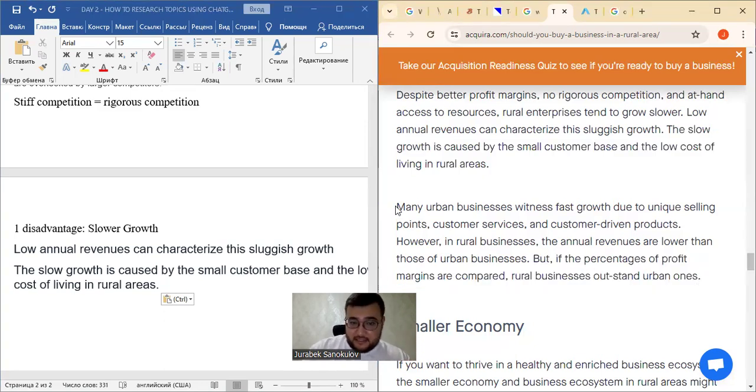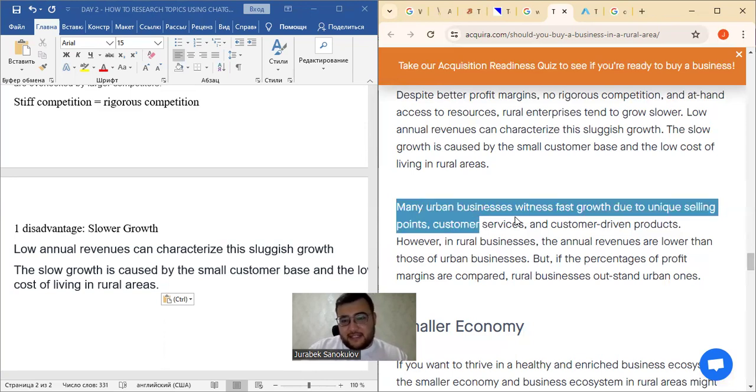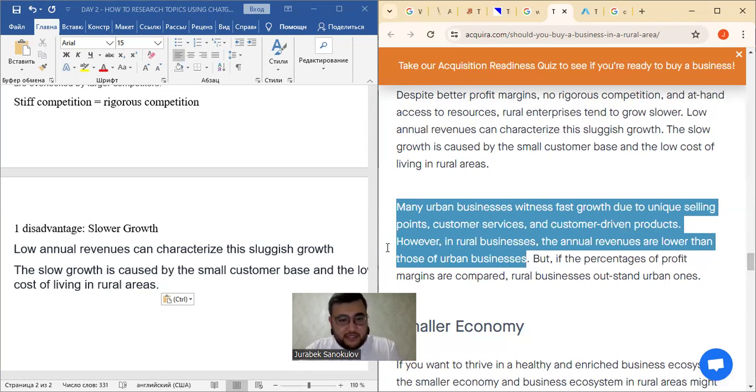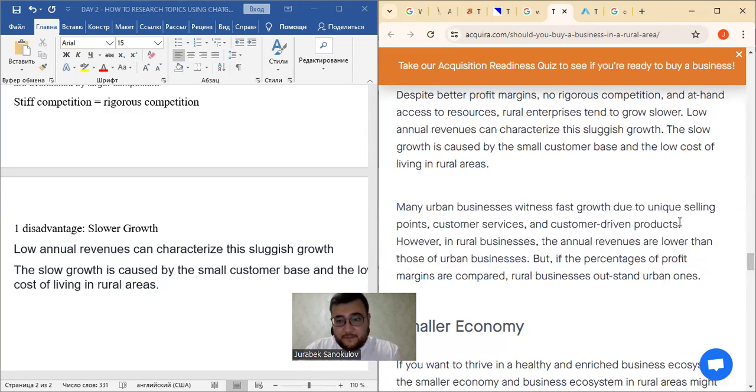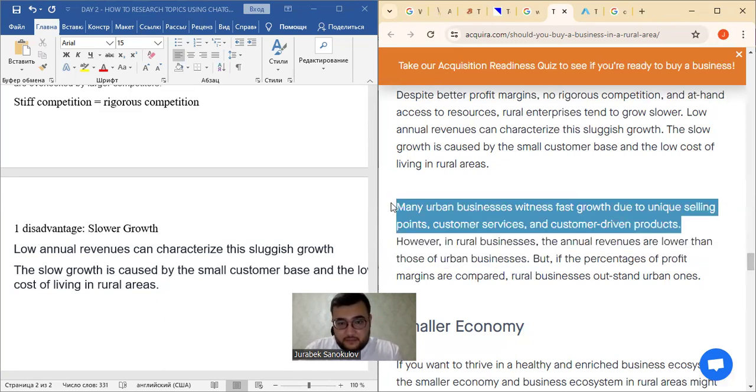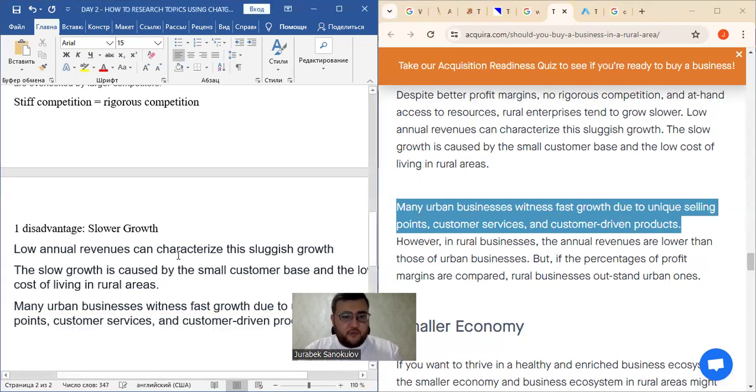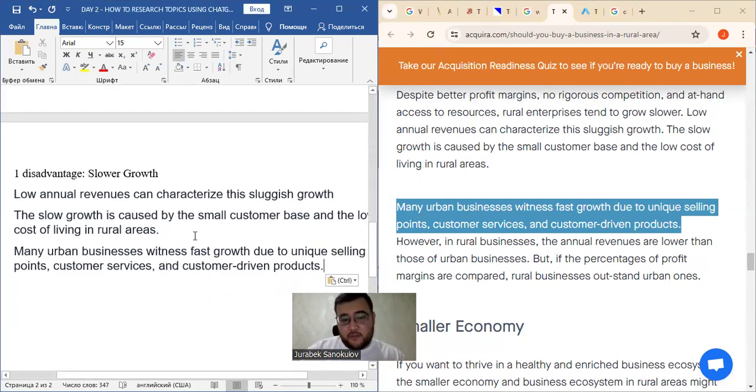Yes, it's a disadvantage, but it can be good. Again, you see, this is the comparison part. You can just basically copy and paste this, because when you're describing your body barriers, you need to sometimes compare. So this is a good idea.